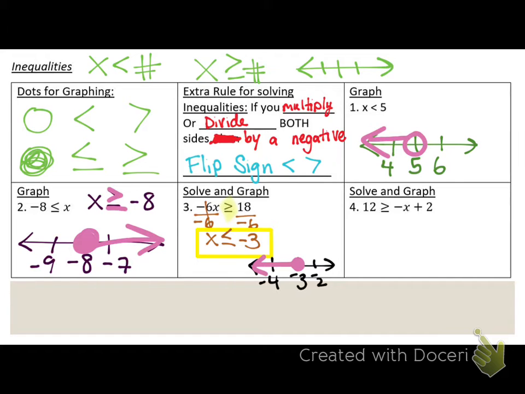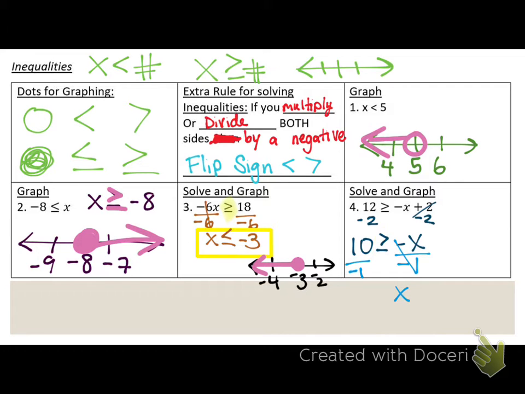And then last, we're going to solve for x. So I need to subtract 2 first. -12 is... 10 is greater than or equal to -x. I need x by itself. So my next step, divide by -1 to get rid of that negative.